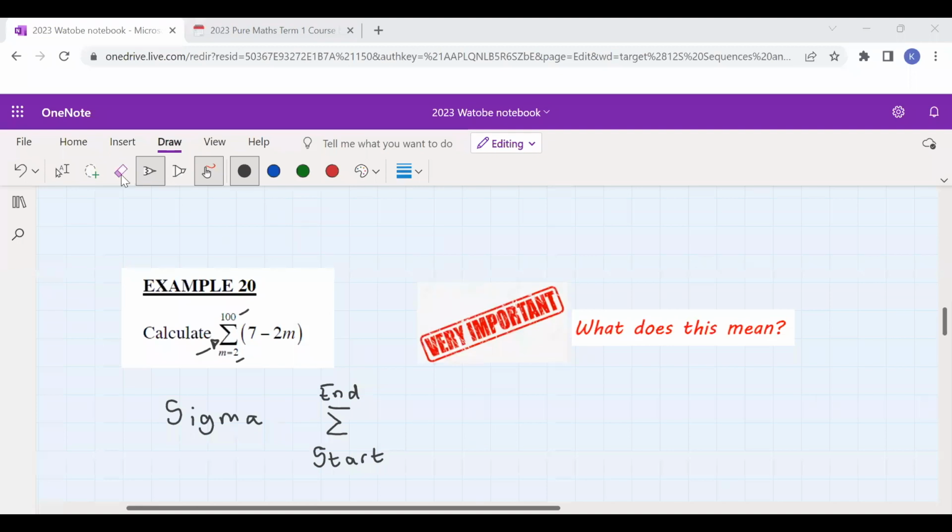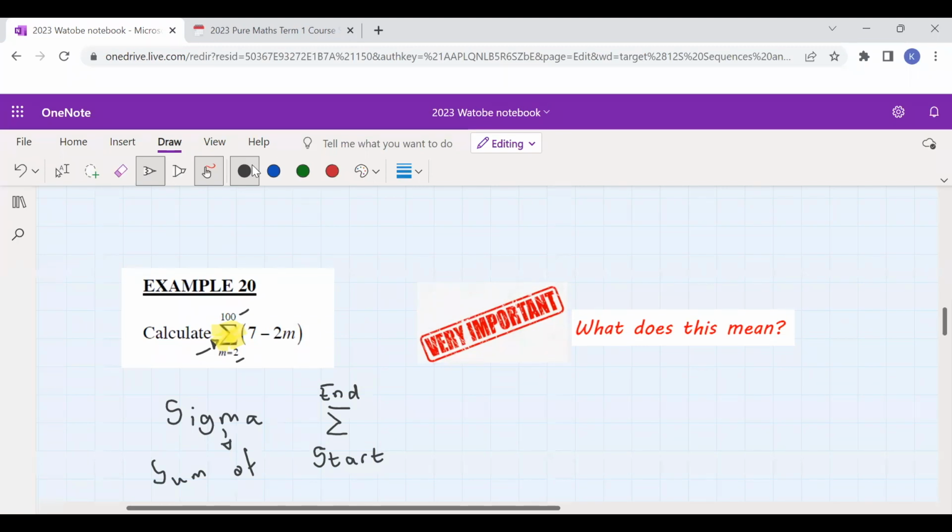So what this whole symbol means, okay, we started with our beautiful guy in the middle here. That dude is called sigma, and it is Greek for sum of. Someone told me that in the chat, so I'm going to copy it and pretend I knew that. Sum of. So what this is saying is calculate the sum of something.